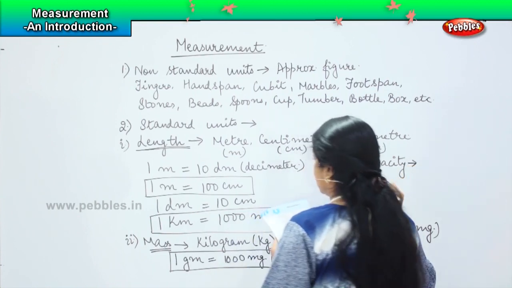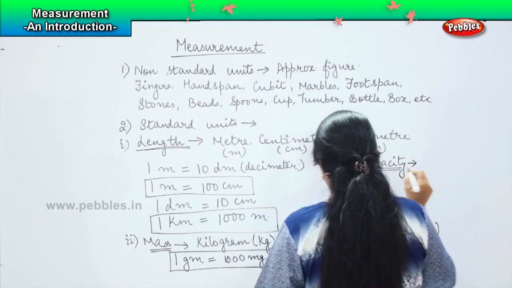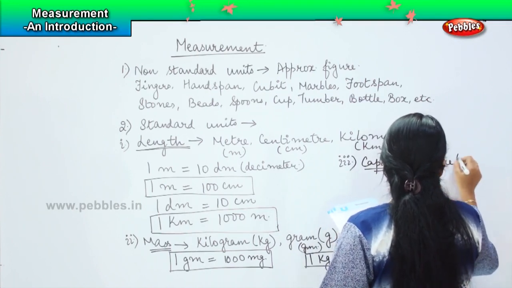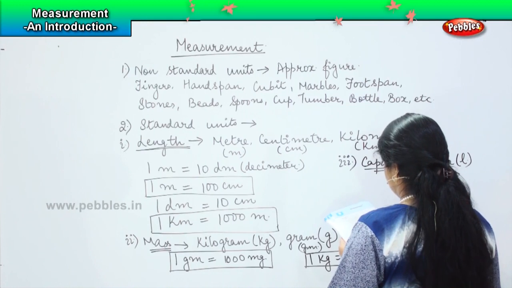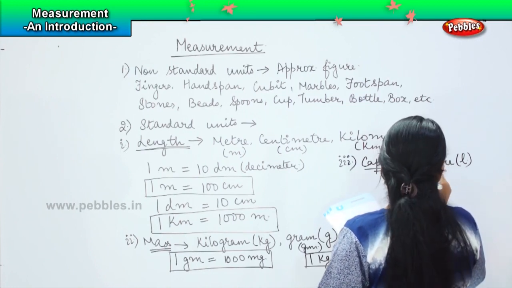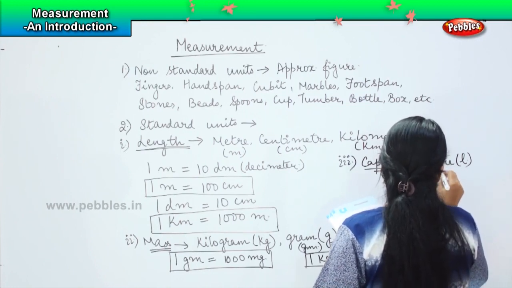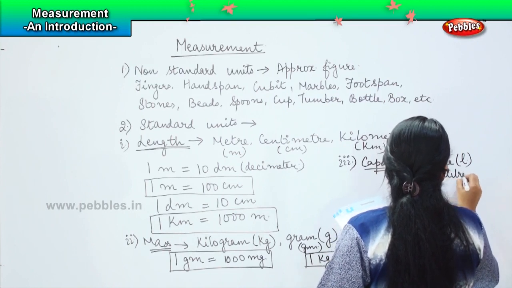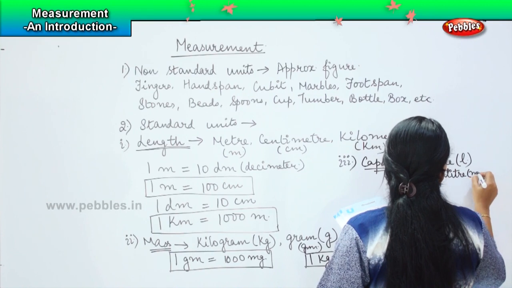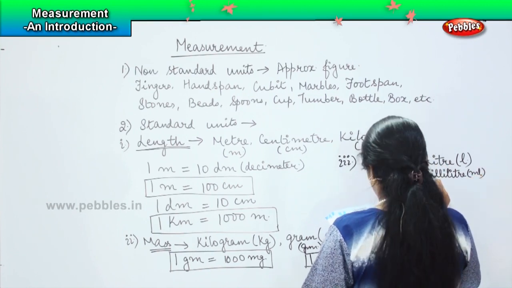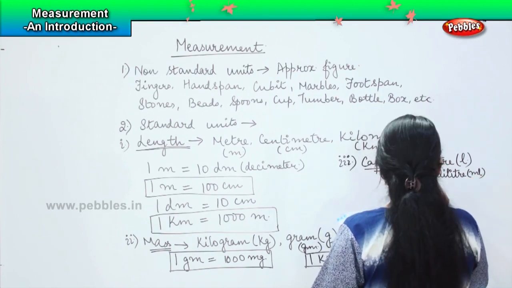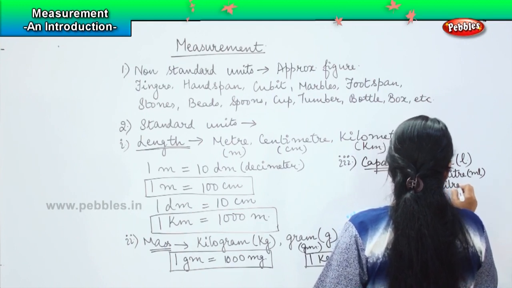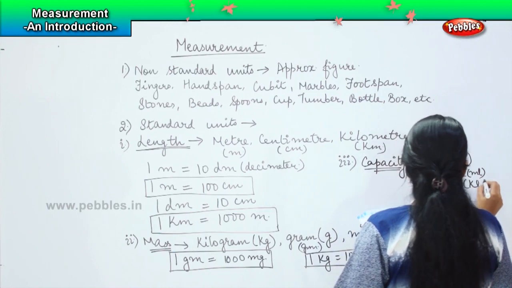which is measured in terms of liter. That is denoted by L. Okay. And then it is milliliter, which is denoted as ml. Then you have deciliter, kiloliter, which is denoted as KL.